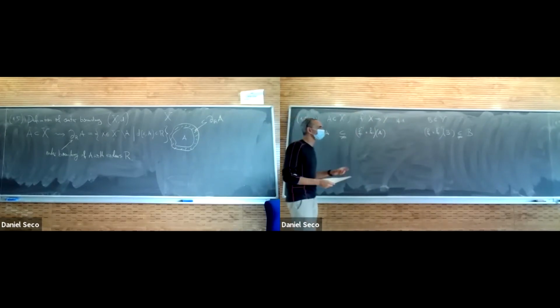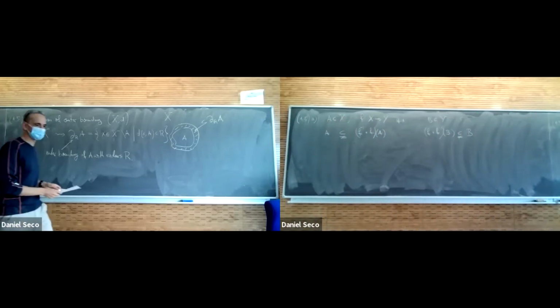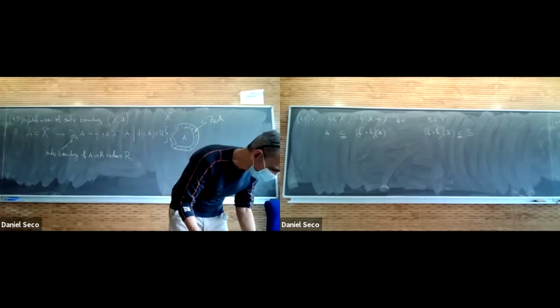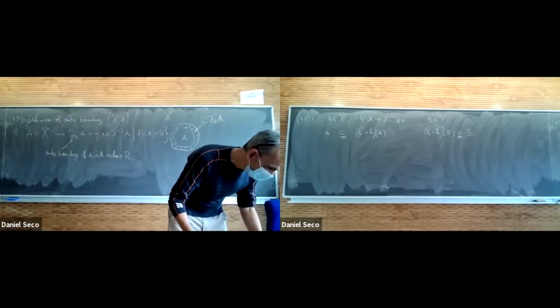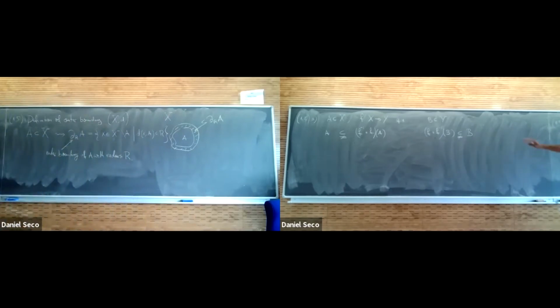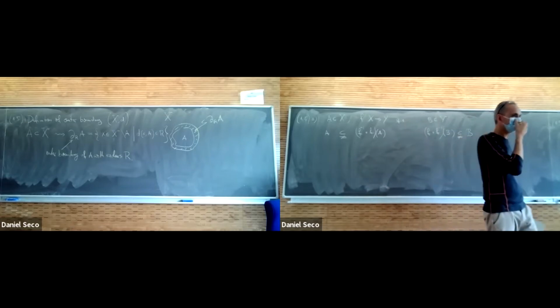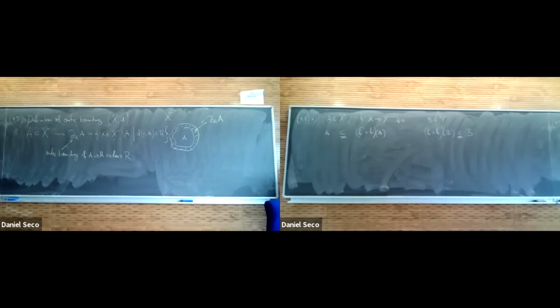The question was, are these inclusions proper or not? Can you give me an example of a set where the inclusion is proper? Have you tried? A space of more than 1 point. Yes.